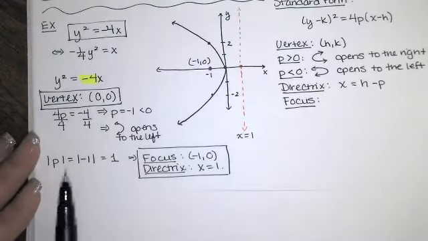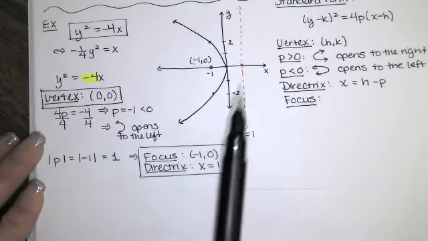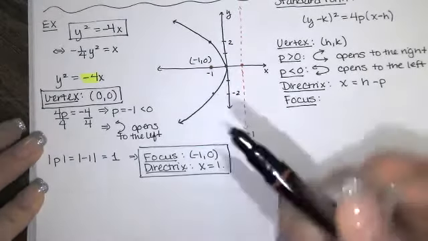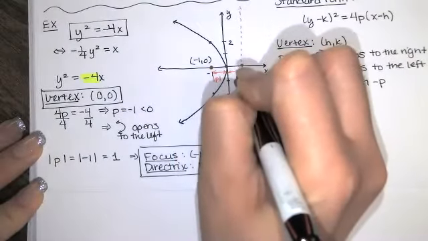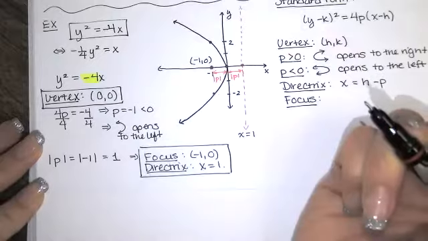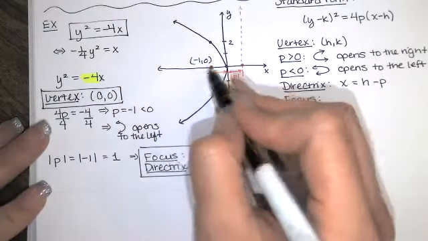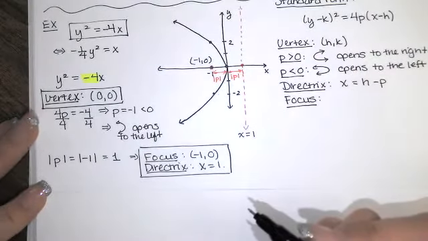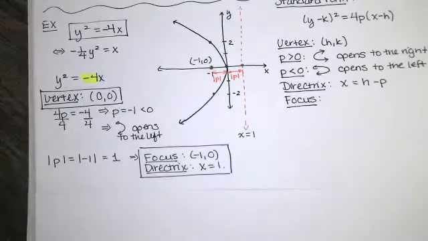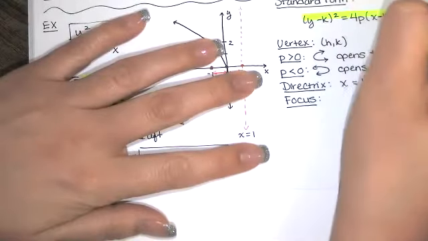And then since the focus and the directrix are absolute value of p units from the vertex, this distance is the absolute value of p, which is 1, and this distance is the absolute value of p, which is 1. I can plot that point and that point, and I know the one inside the parabola is the focus, and that other point is just a point on the directrix. Okay, so that is the second type of standard form for the equation of a parabola.